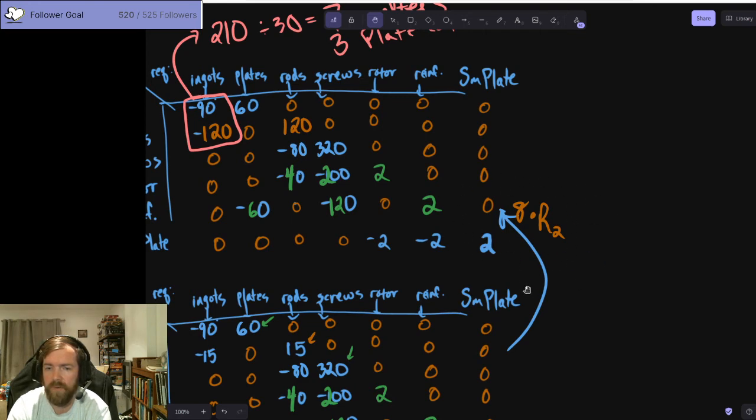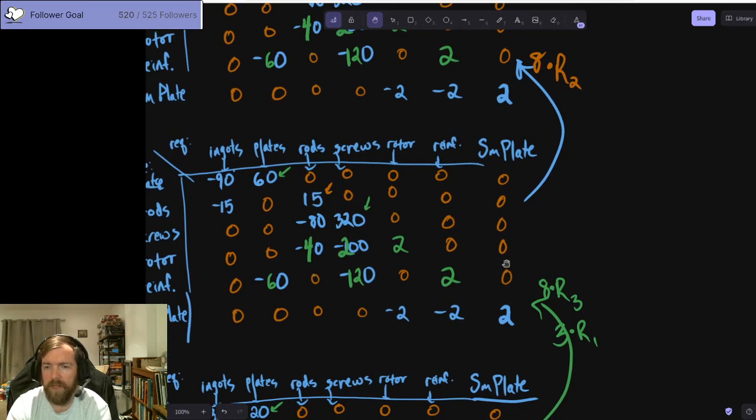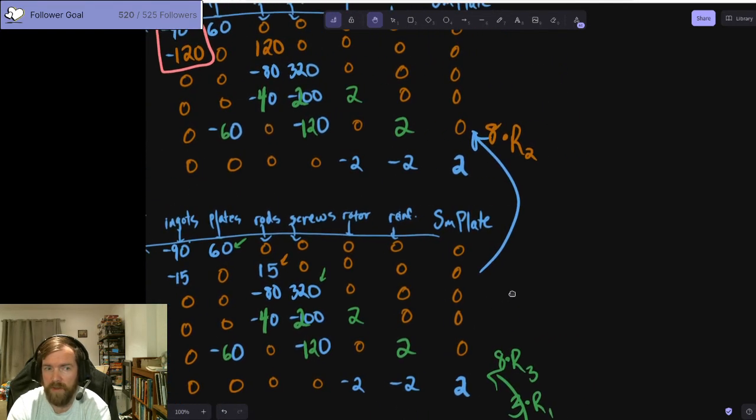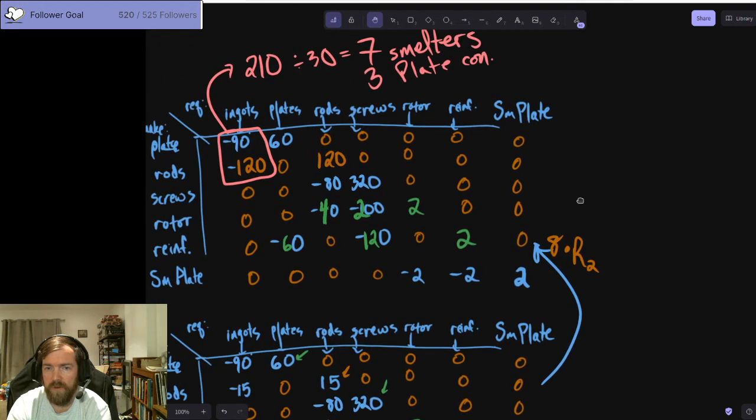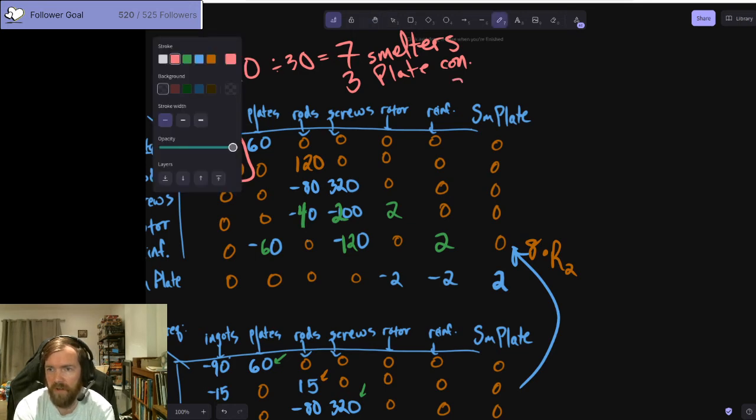Is that going to make it? So what numbers do we multiply by in all these cases to make this happen? So row 2 is the rod constructor, so we need 8 rod constructors. Screws, we multiply by 8 again.